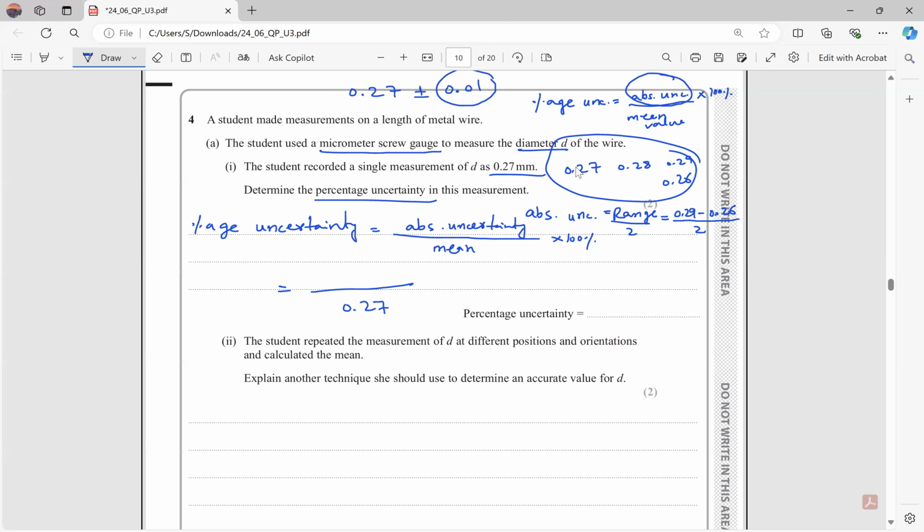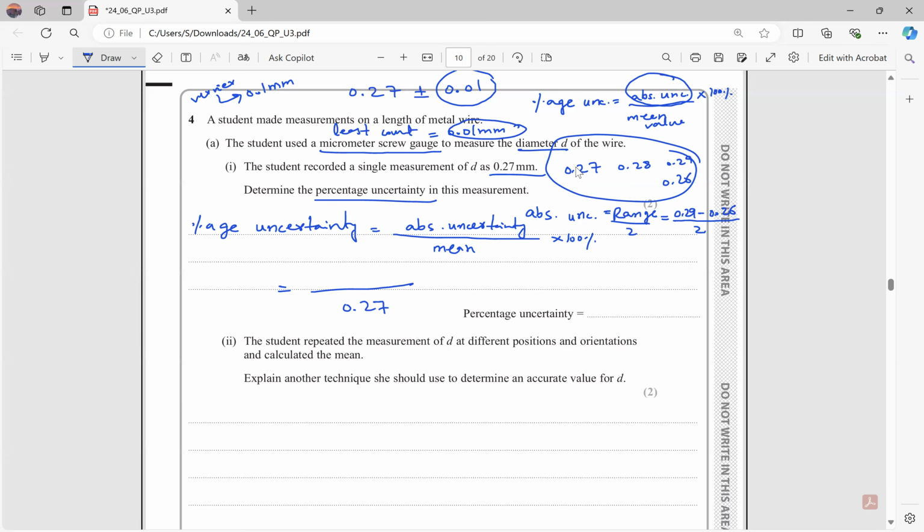We know the measuring instrument is a micrometer screw gauge, which is a very well-known instrument, and its least count, the smallest value that it can measure, is 0.01 millimeters. For vernier calipers, that is 0.1 millimeters. But for a micrometer screw gauge, it's 0.01 millimeters.